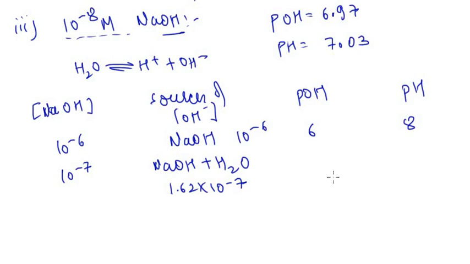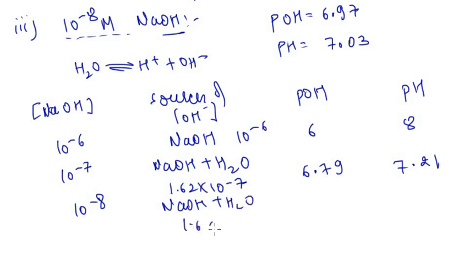So pOH will be 6.79 and pH will be 7.21. Next, for 10 to the power negative 8, again the source is NaOH plus H2O. It is 1.6 into 10 to the power minus 7, so pOH will be 6.97 and pH will be 7.03.